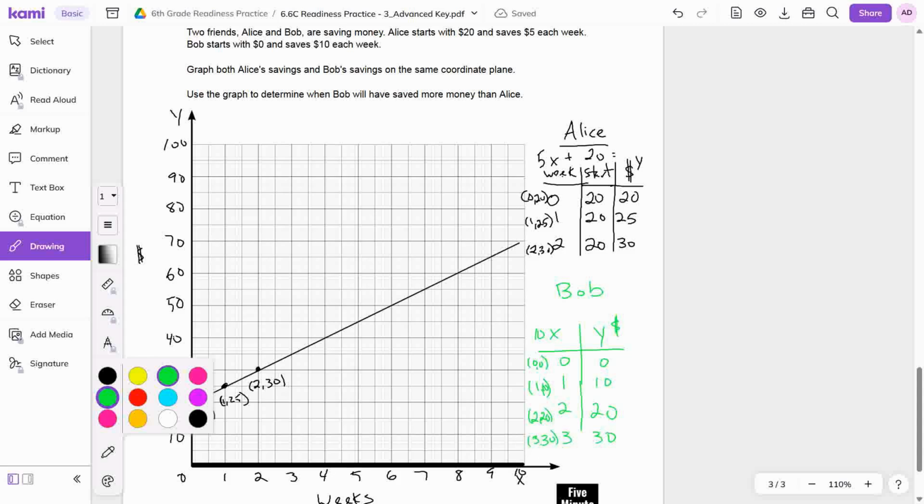So let's see what that looks like here. So I've got my 0, 0 starting out really low. But now I've got my 1, 10. I've got my 2, 20. So look, he's right there. 2, 20.